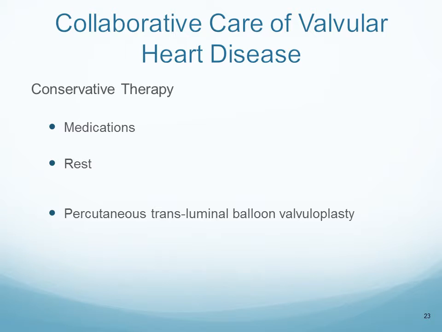We might see the use of inotropic agents such as DIG to increase the contractility of the heart, diuretics to decrease the workload of the heart, anticoagulants. We might need drugs, calcium channel blocker, amiodarone, to treat AFib if that's a problem. And certainly rest, fluid restrictions, all of the same things that we would do for heart failure.